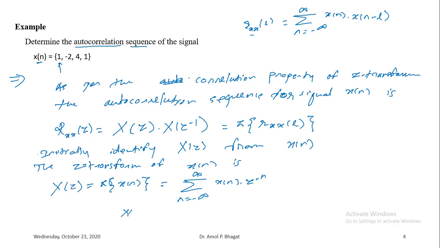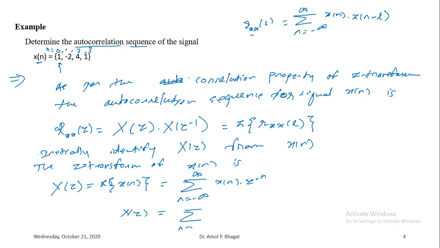This capital X of z will be equal to the summation. Here x of n is starting with 0, 1, 2, 3. At n equals 0 the value is 1, at n equals 1 it is minus 2, at n equals 2 it is 4, at n equals 3 it is 1.